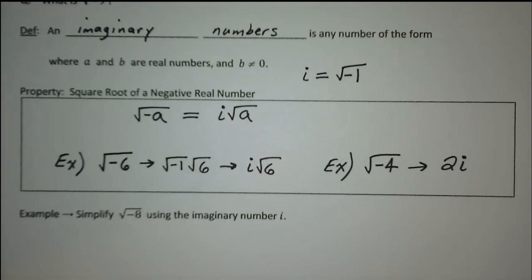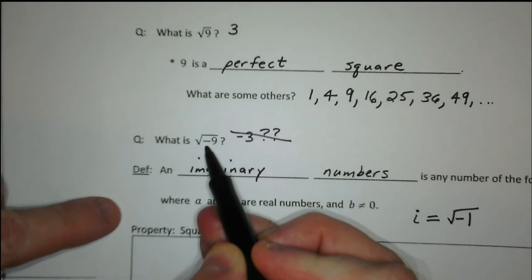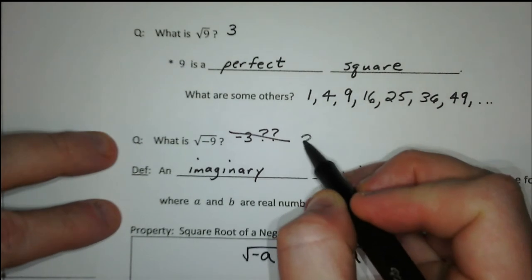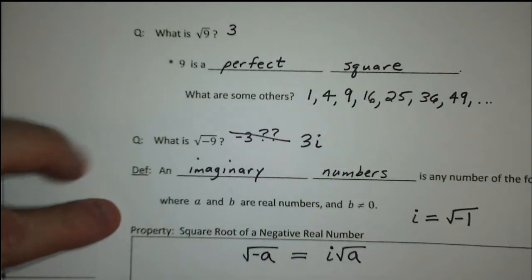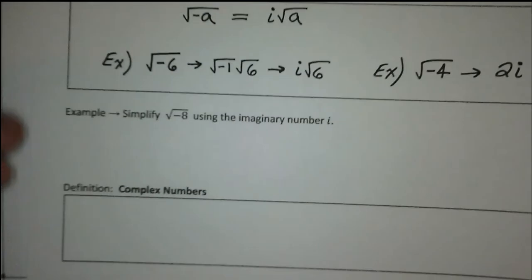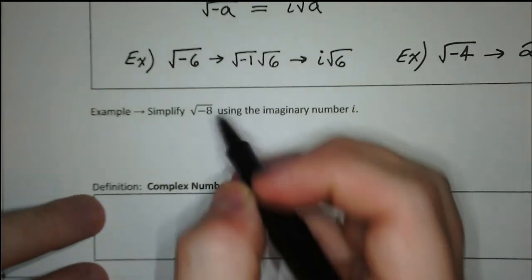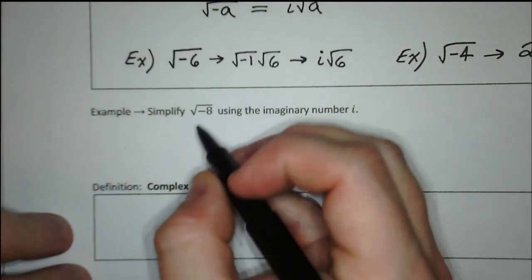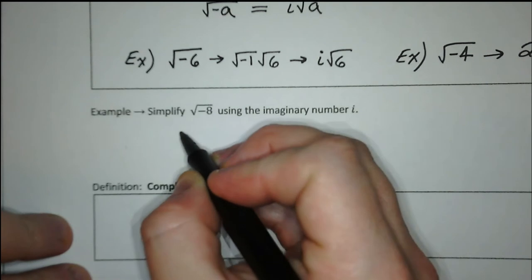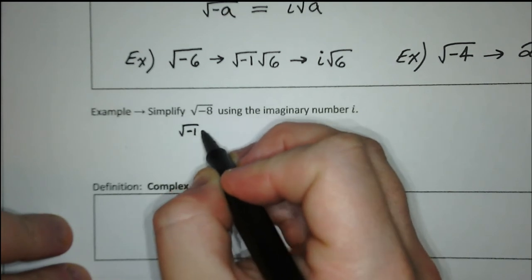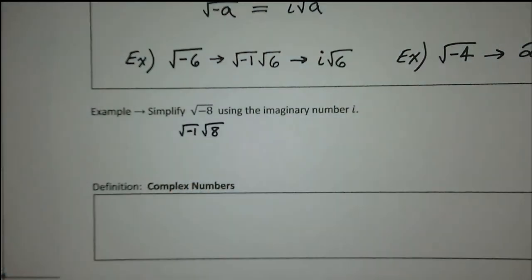But anyway, imaginary numbers. Up here, what's the square root of negative 9? It's actually 3I. Now simplify the square root of negative 8. First of all, we're definitely going to break off the negative 1, because that's the only way we're going to be able to do this.